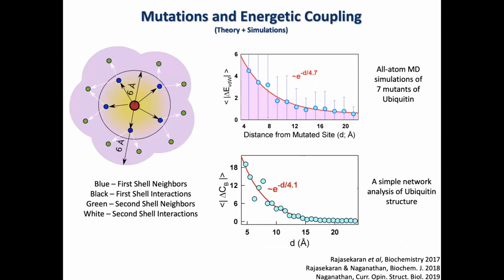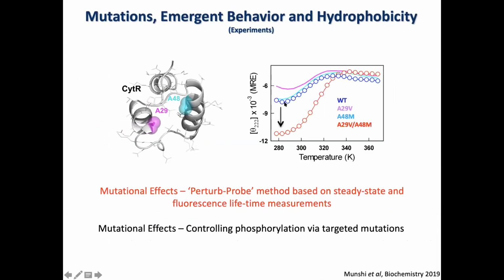But when we actually looked into the sequence, what we found was that the protein can be made to fold. This is the same protein, and what I'm showing you here is temperature along the x-axis and a measure of secondary structure along the y-axis. What you can see is that the wild type of this particular protein is disordered, meaning it has less negative signal here.